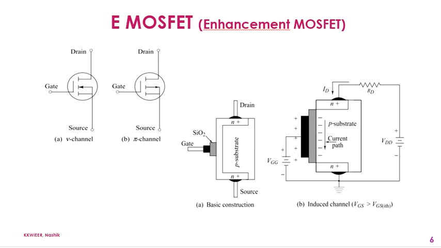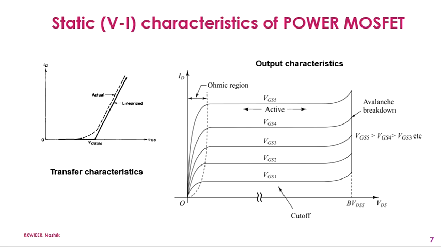Let's move towards the characteristics of power MOSFET. There are two types of characteristics: transfer characteristics and output characteristics. Transfer characteristics are drawn by considering a plot of drain current ID versus the gate to source voltage, that is VGS. Here the ID current is the output current of the power MOSFET and VGS is the input voltage.